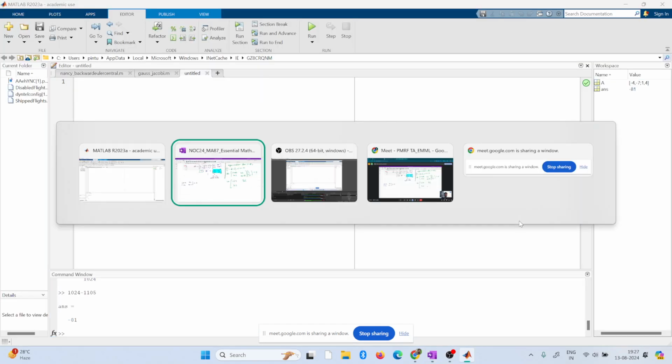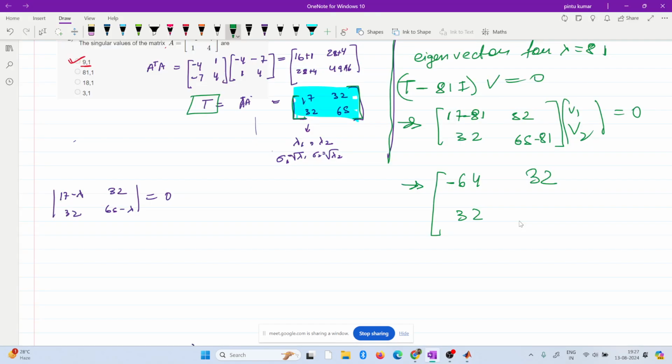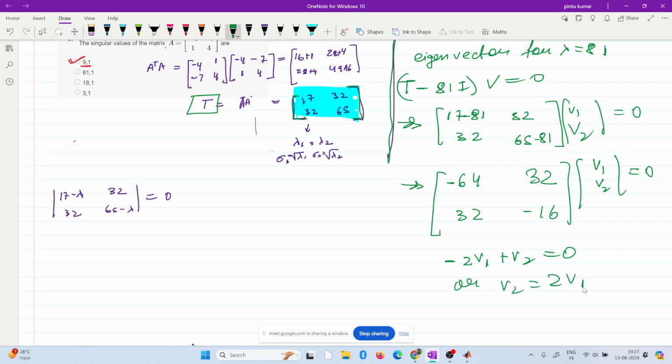Why are we getting two different values? This would be minus 16, I guess, right? This is fine. So what we have obtained is that minus 2 times V1 plus V2 is equal to 0, or V2 is equal to 2 times V1, right?